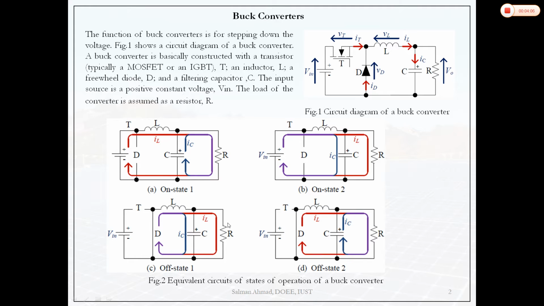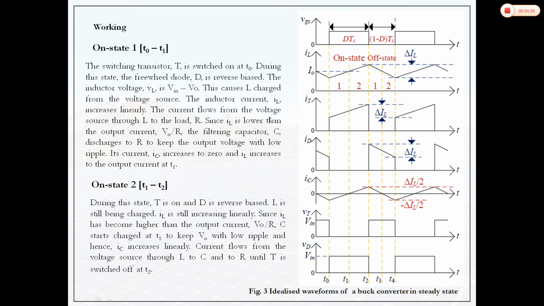Similarly in off state 2, this capacitor gets discharged in off state 1, so it is getting charged by whatever energy is stored in this inductor, and this inductor will also supply energy to this load. That can be made clearer if you understand the waveforms that I'll discuss next.